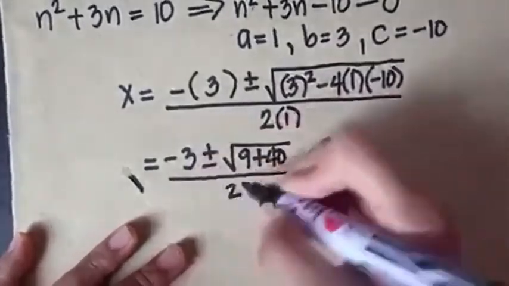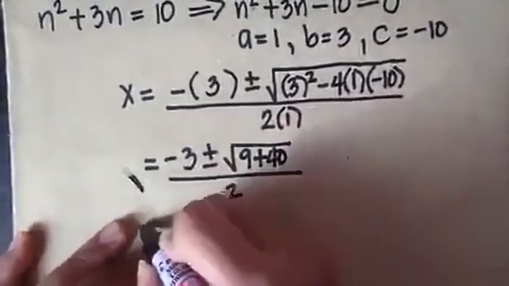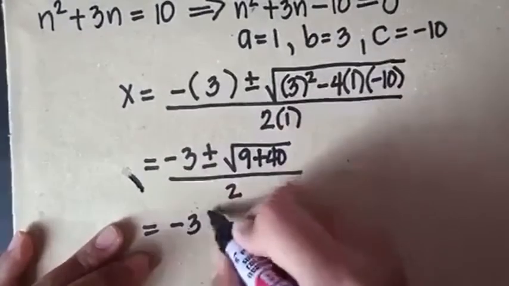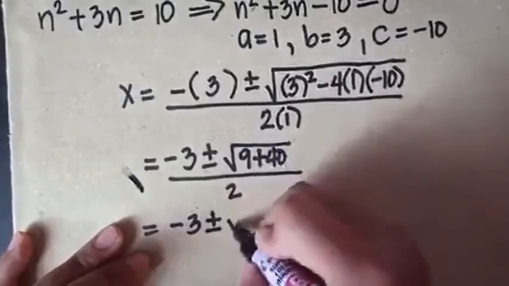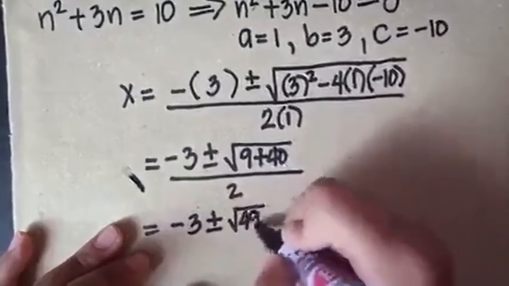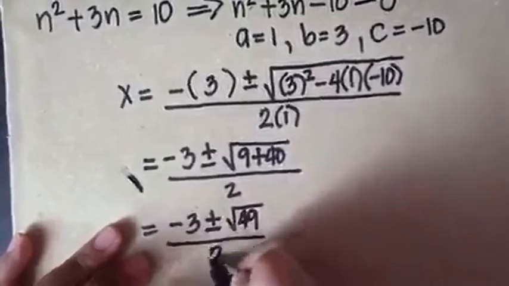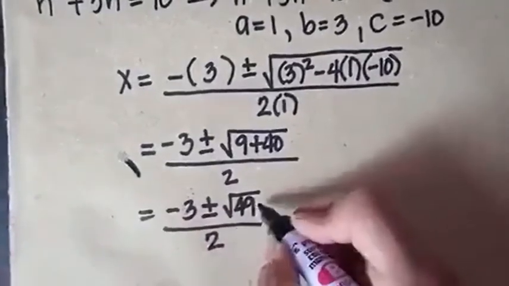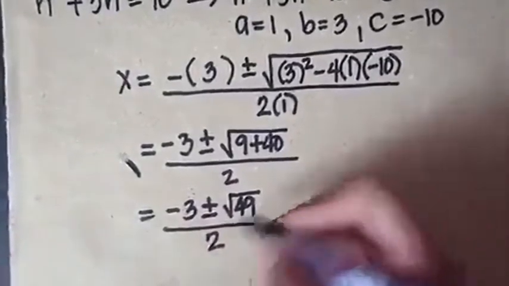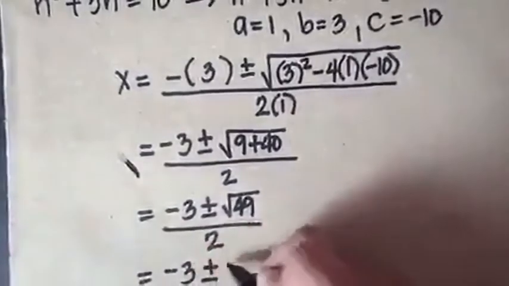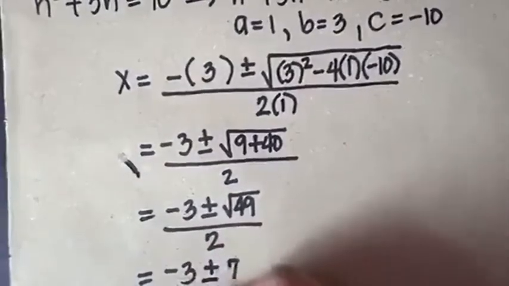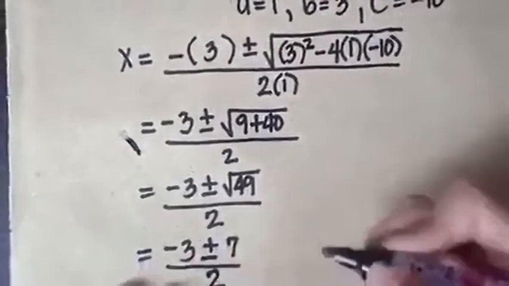over 2. Okay, so we have negative 3 plus and minus 9 plus 40 is 49. So you have square root of 49 over 2. So, the square root of 49 is 7. So, therefore, we have negative 3 plus and minus 7 over 2.